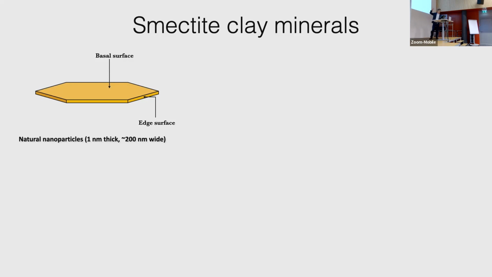They're 1 nanometer thick, or 0.95 nanometers thick, and typically roughly 200 nanometers in diameter with significant variability. Because of their nanoparticulate size and their abundance in the environment, they contribute predominantly to the specific surface area in soils and sediments in which they're found. They also have a high cation exchange capacity because of negative charge in the structure.